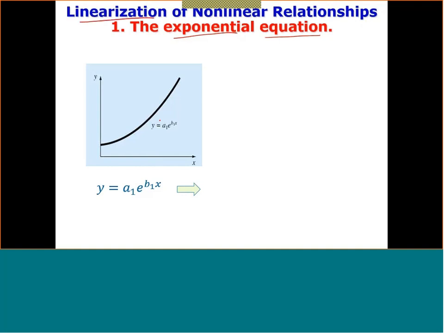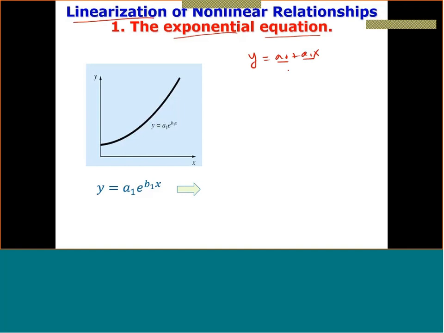I will change this from a nonlinear equation into a linear equation in the format y is equal to a0 plus a1 x. Then I will solve for these constants the same way we did, and then I will go back to the original equation, as we will see here.